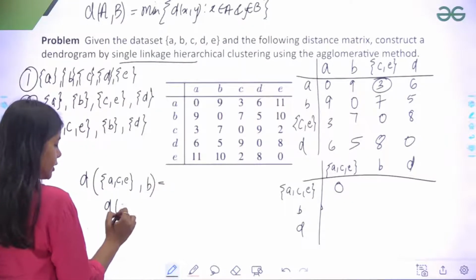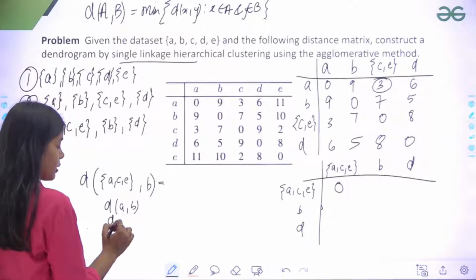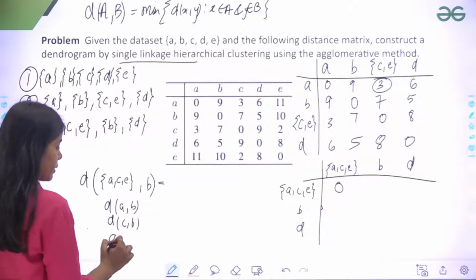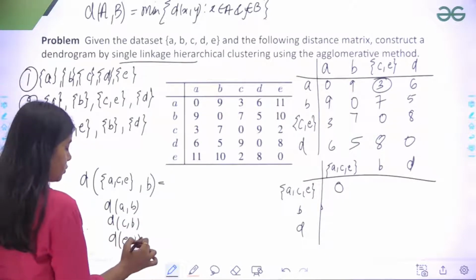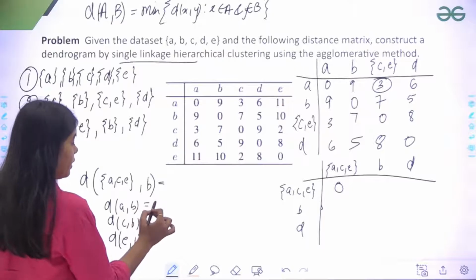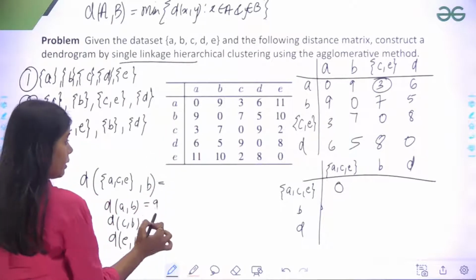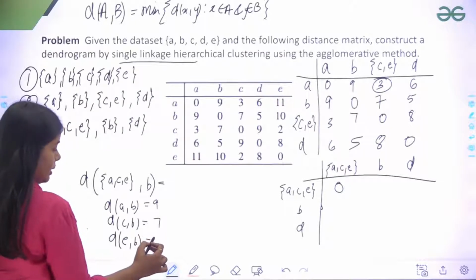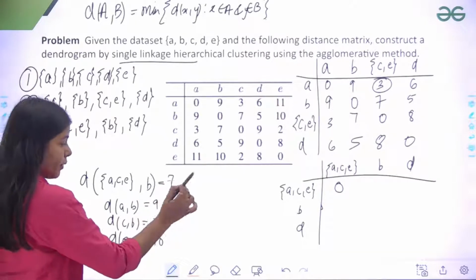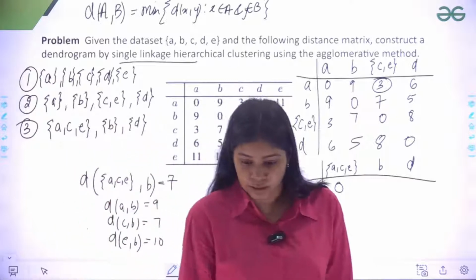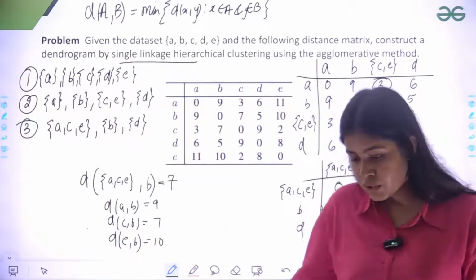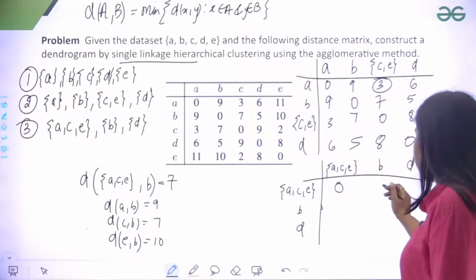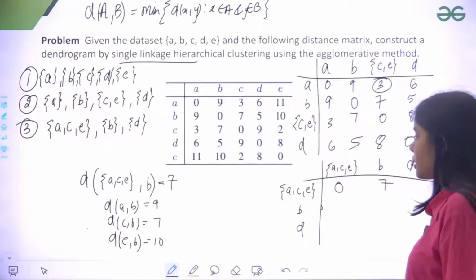I have to find out distance of A comma B, distance of C comma B, and distance of E comma B. So distance of A comma B is 9, C comma B is 7, and E comma B is 10. Which is the minimum distance? 7. So that means 7 is the minimum distance. Guys, check that. Are you all getting 7? Right. So this distance would be 7.